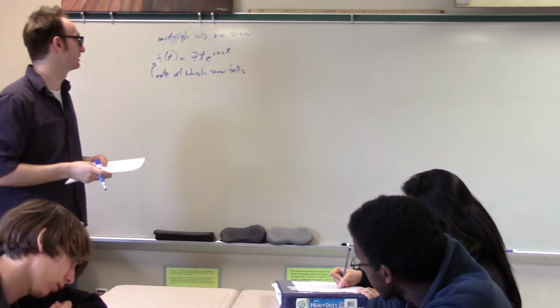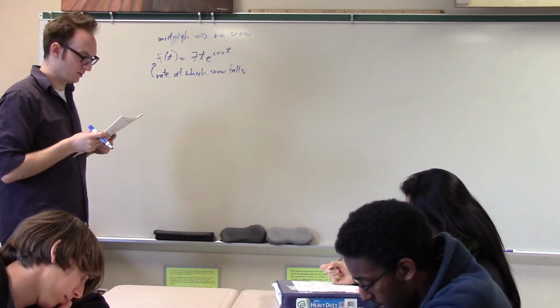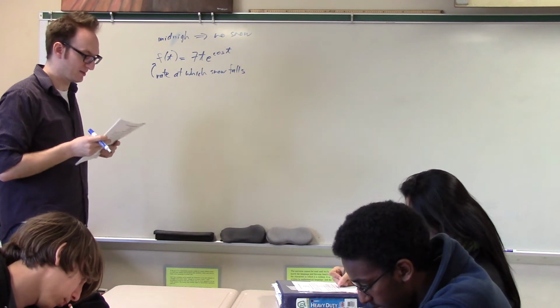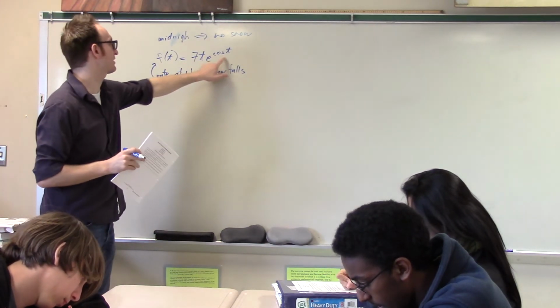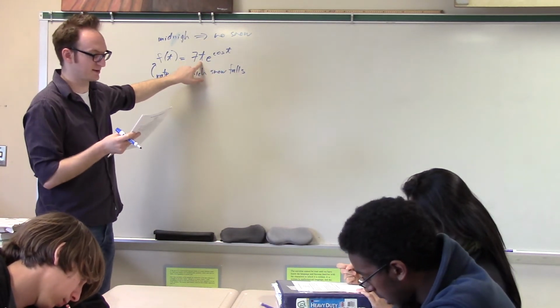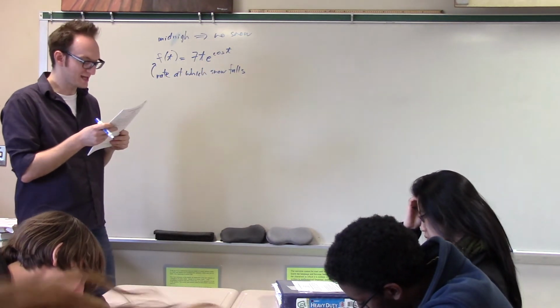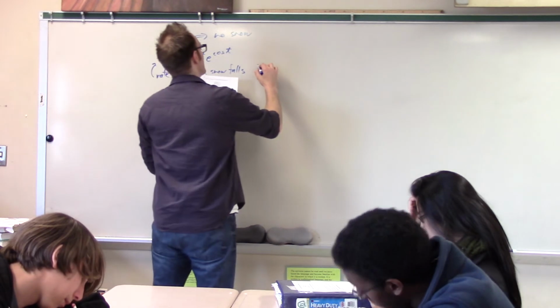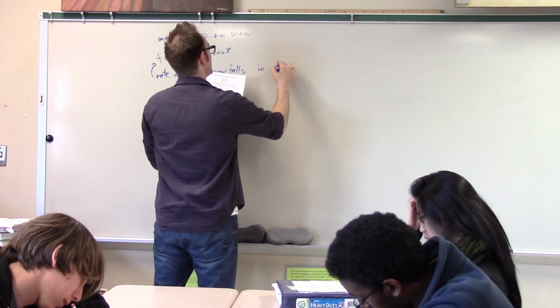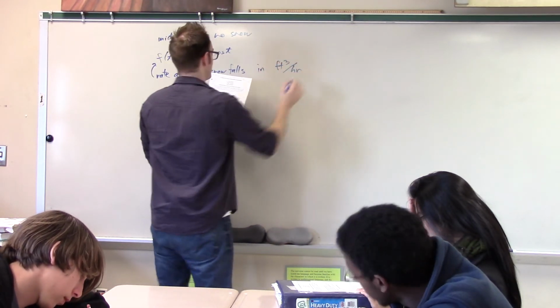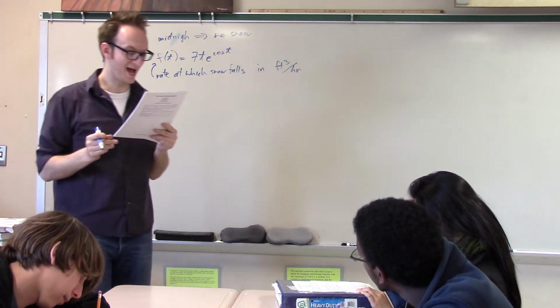So this is definitely going to be positive because e to anything is positive and we're looking at t values on the interval 0, 9. So this is a positive function and it is the rate at which snow falls and the units are cubic feet per hour.